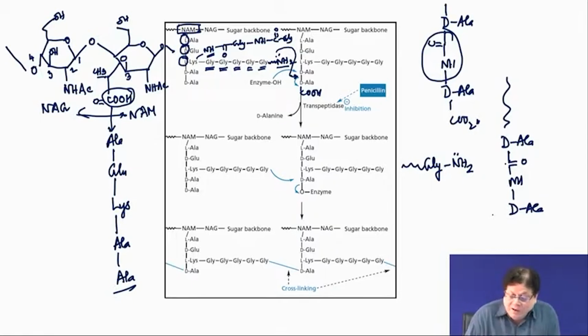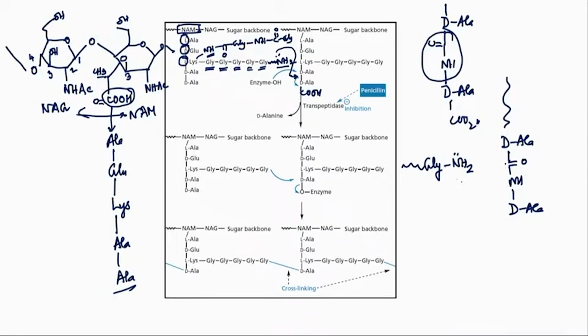But what is the nature of this reaction? How can you classify this reaction? Look at this D-alanine, this was connected by another amino acid D-alanine earlier. Now, what are you doing? You are replacing this D-alanine and it is replaced by glycine. So, this can be called a transpeptidation reaction.